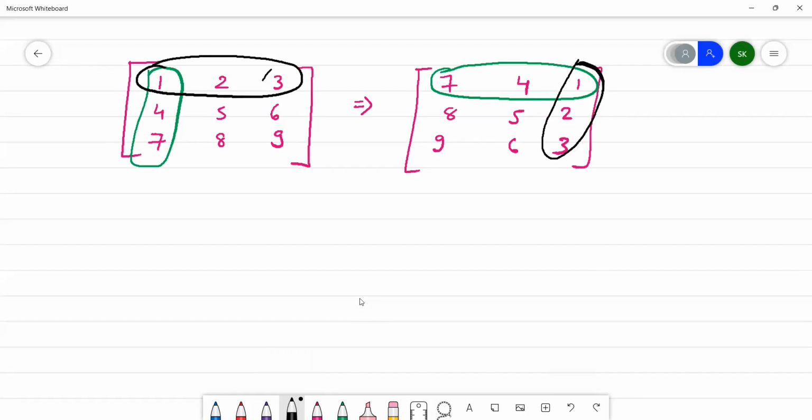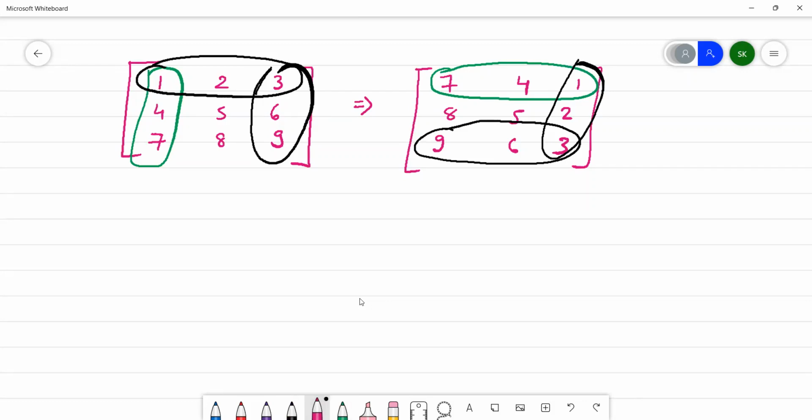Next, your last column is changing to your last row. Your first column changed to first row and your last column changed to last row.